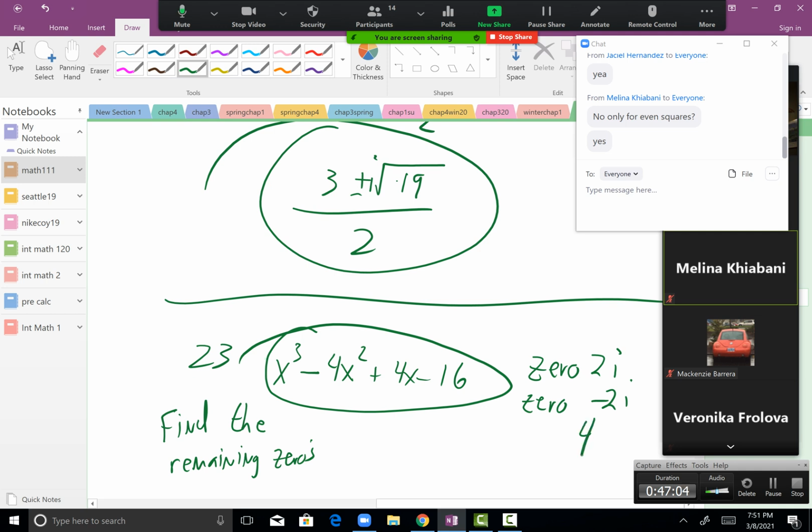All right, I don't think you'll have to do any synthetic division with an i term. Okay? Because I'm looking at these, and I'm hoping that they aren't. Okay, and I only gave you a couple of those, so you're probably pretty good to go there.